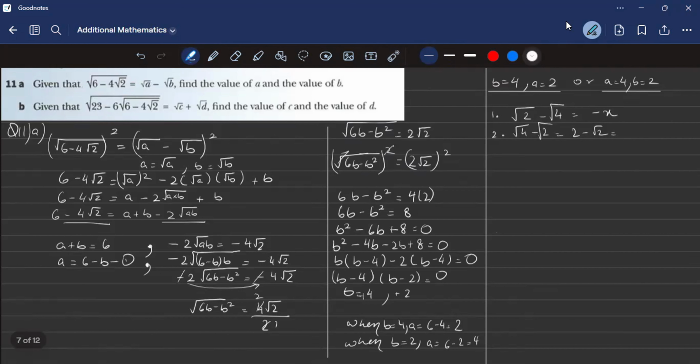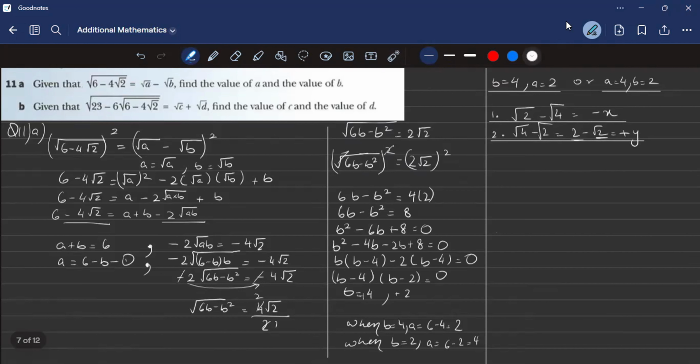But we do know that this value will be negative because √2 is less than √4. In the second one, however, we know this value will be positive. Let it be positive y. Why is that? Because 2 is greater than √2. So in the second set of values we have positive something, and in the first we have negative something.